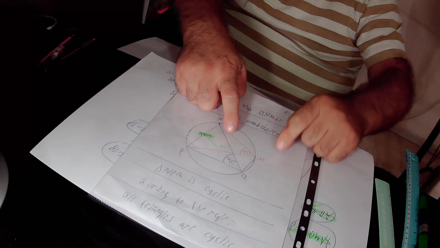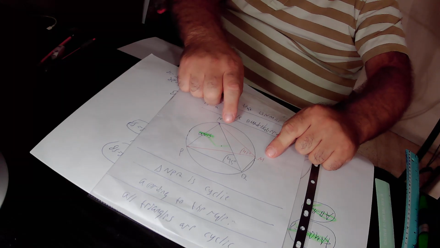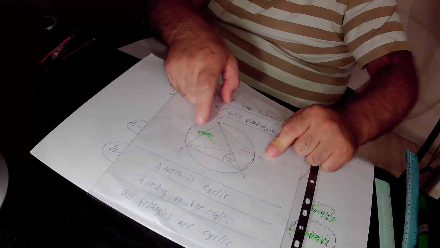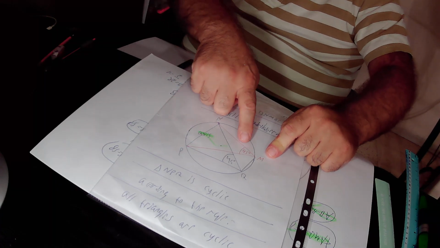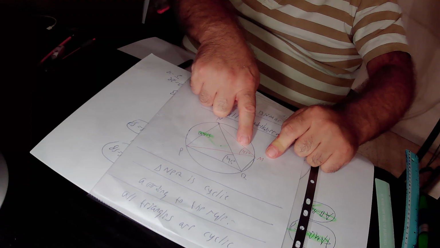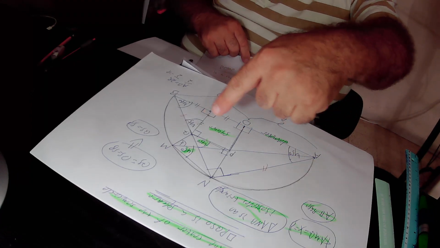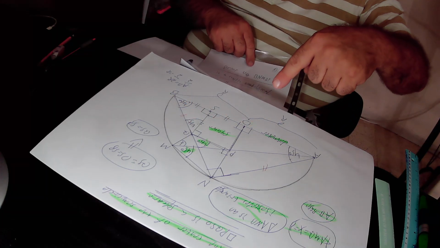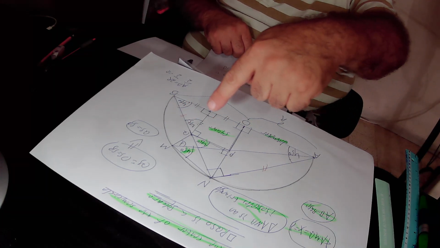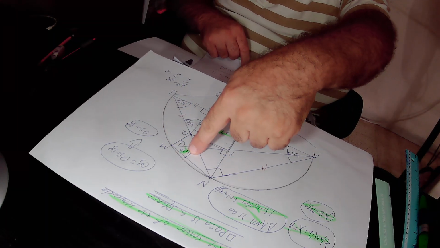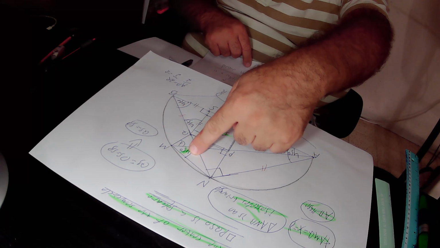One of the angles that will be created will be angle PMN, that is also equal to 45 degrees in its size. This is angle PMN, that is also equal to 45 degrees in its size.